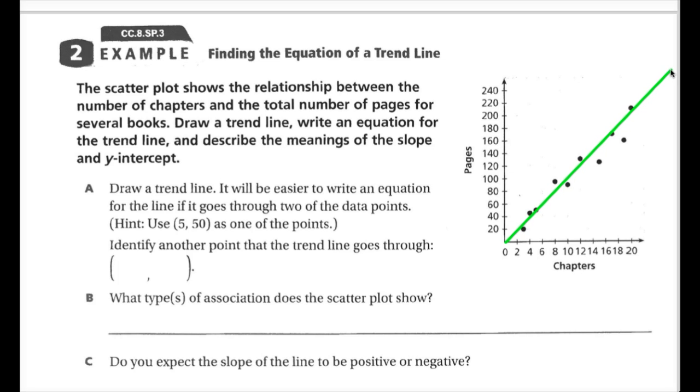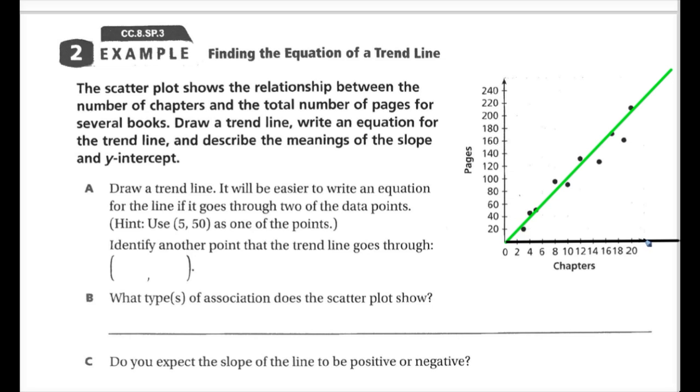Okay, so here's what we want to know. If you take a look and you were to extend this line here, let me extend my line. So let's say I were to extend this.